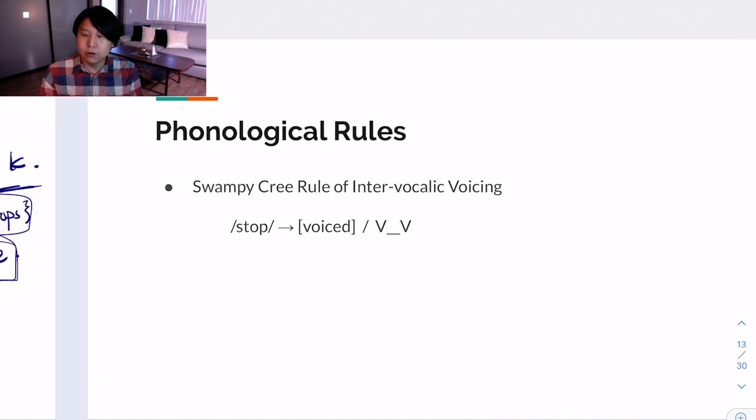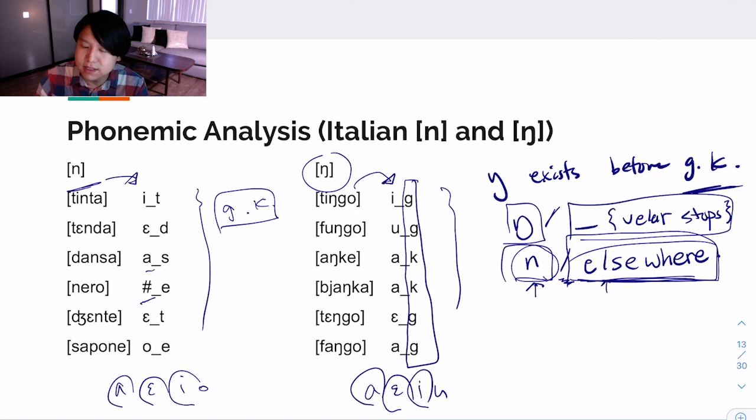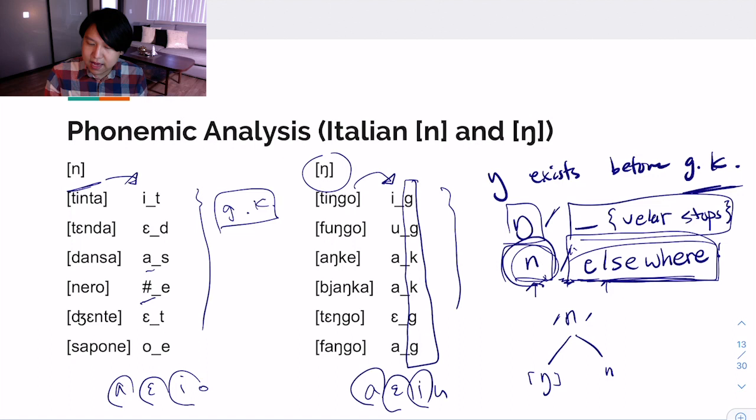Therefore, you find a single phoneme. And what's the default phoneme? The elsewhere phoneme. n is a phoneme that has two allophones, ng and n. Allophones are denoted in square brackets.